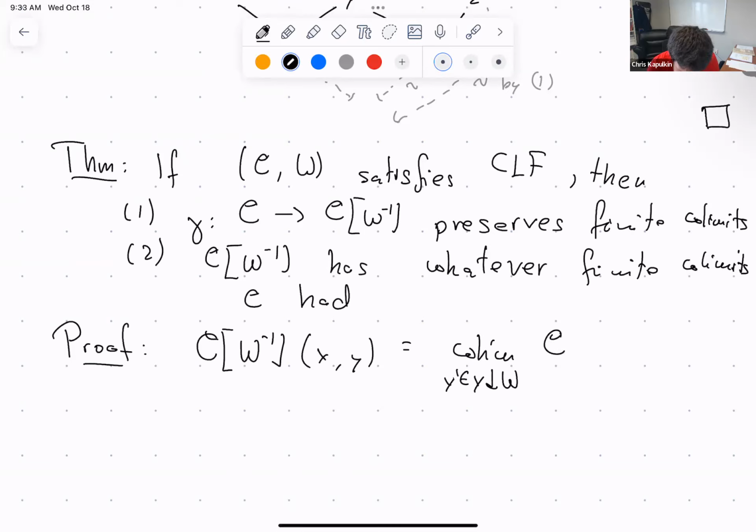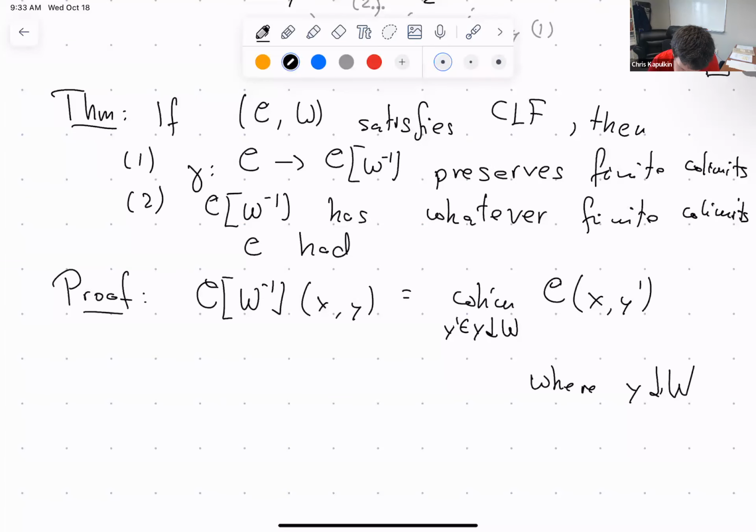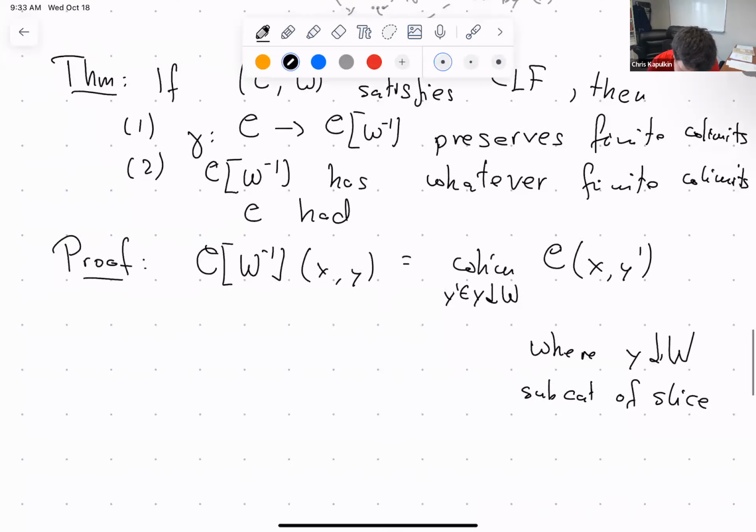So it is C(X, Y prime), where Y down arrow W is the category, a subcategory of the slice under Y, spanned by weak equivalences.